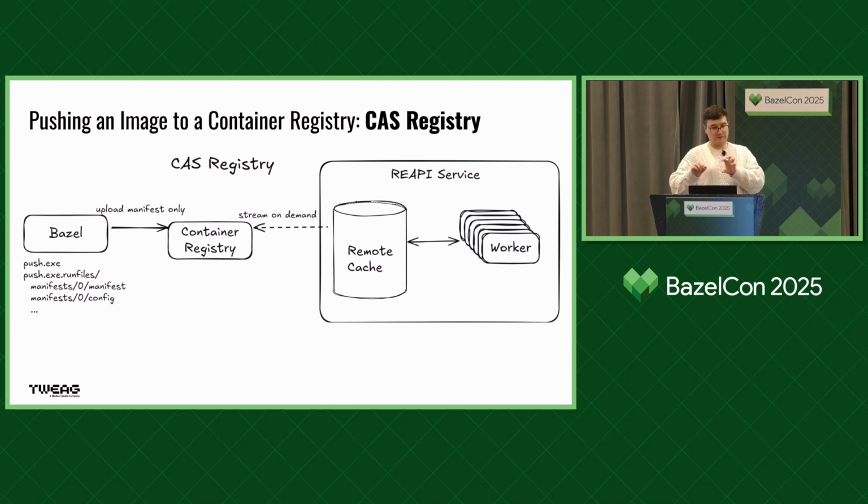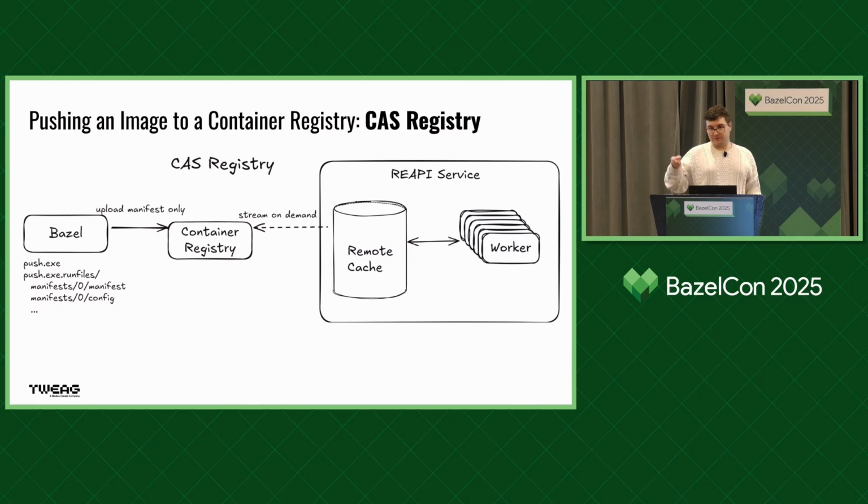And it is directly connected to your remote cache. So it's the same cache that you used during the build. And what we can do now is, at runtime, when you do Bazel run and then the push target, we just tell the container registry, here are the blobs of the image that I want you to serve. And nothing else happens, so we never actually upload anything.